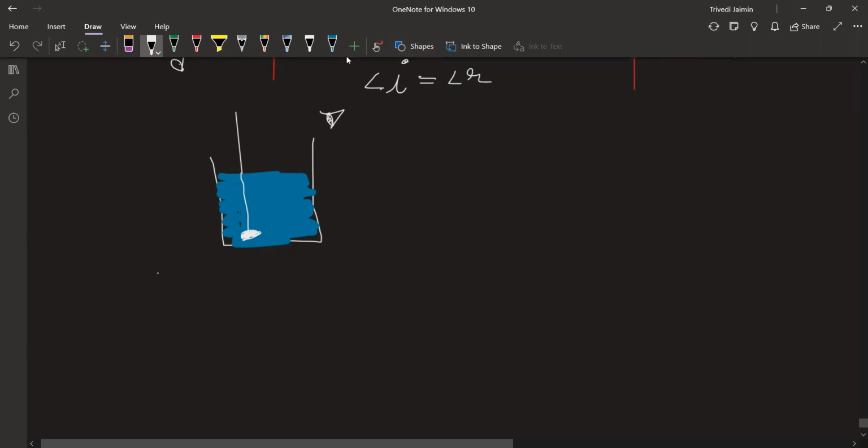For this ray, if I draw a point here, the ray diagram towards the eye, its reflection will be here.